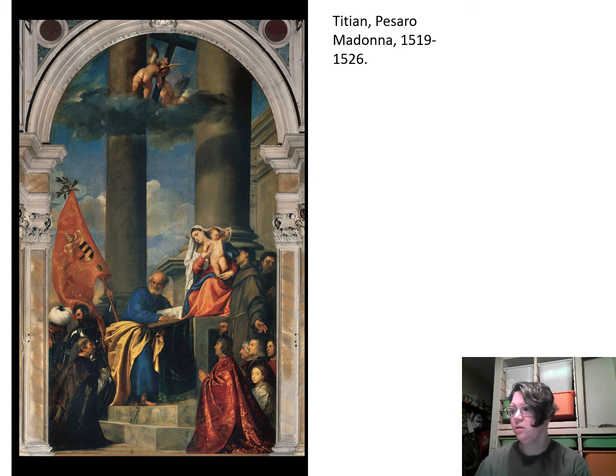St. Peter appears seated at the steps of the throne, and St. Francis introduces other Pesaro family members, all of them being male. They are Italian depictions of donors. In this area, they typically exclude women and children. So we only see men in terms of the donors. He's the man who's kneeled to the right in the bright red cloak.